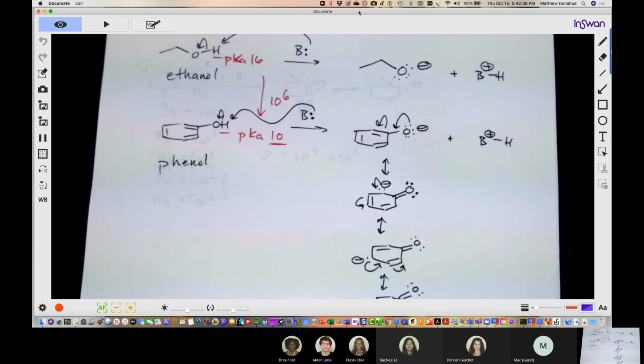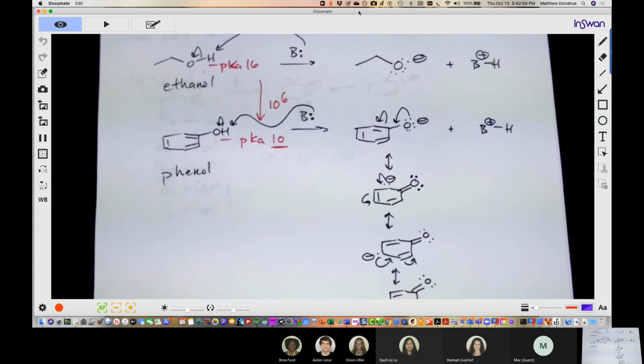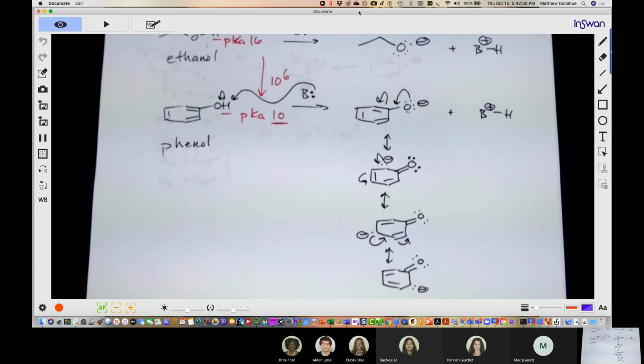If you're comparing 15.7 versus 16, yeah, there's a slight increase in acidity. But I don't know if getting into that sort of detail is important for the scope of this course.